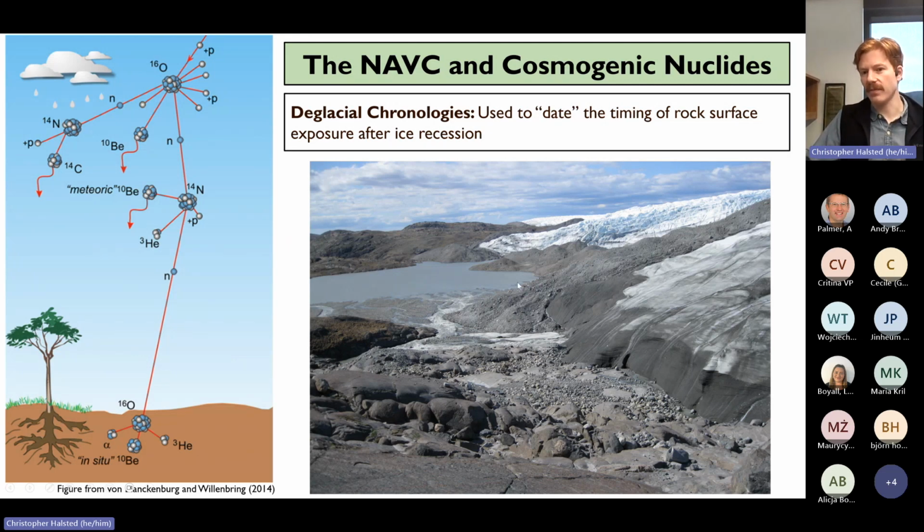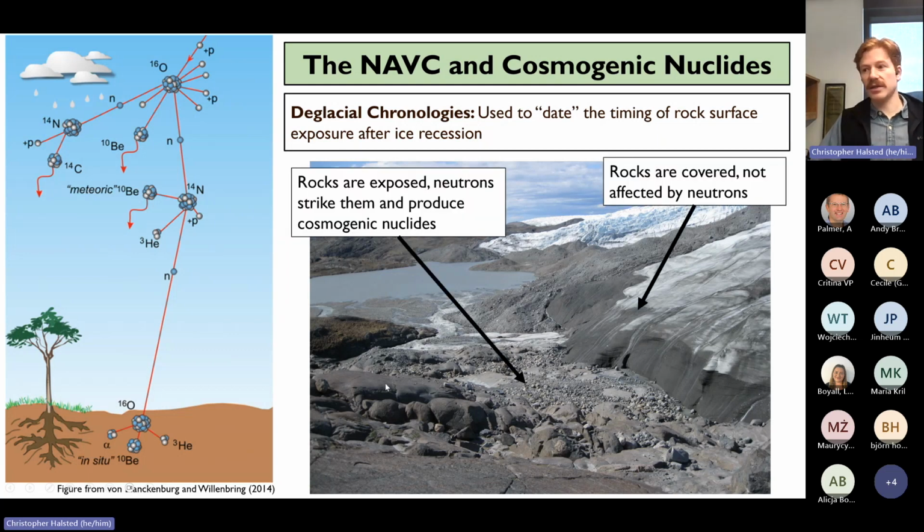If you have a landscape where you've got a glacier or an ice sheet, anything that's currently under the ice sheet is actually blocked from that bombardment of cosmic rays and secondary particles. So beryllium-10 doesn't form in any rock that's under the surface there. But any rock that's currently exposed, well, it is subject to that bombardment, and it is going to be forming these beryllium-10 or other cosmogenic nuclides over time.